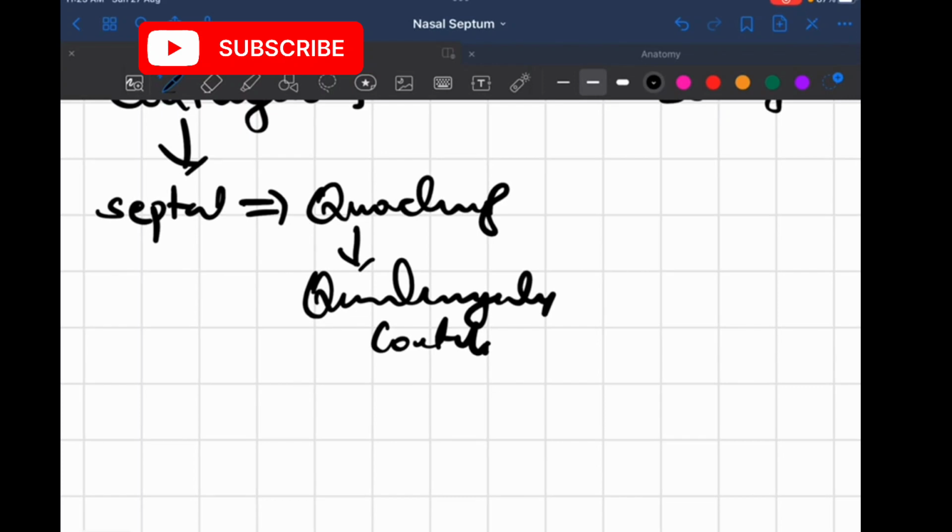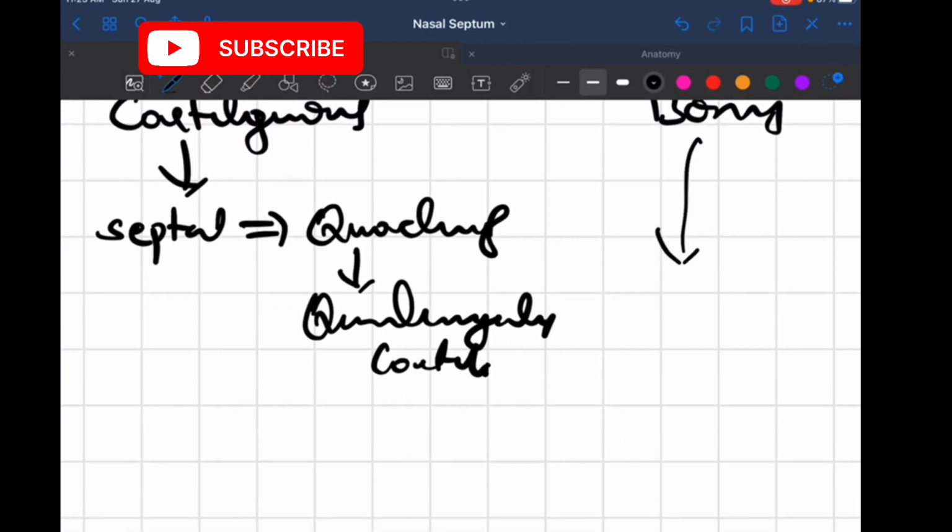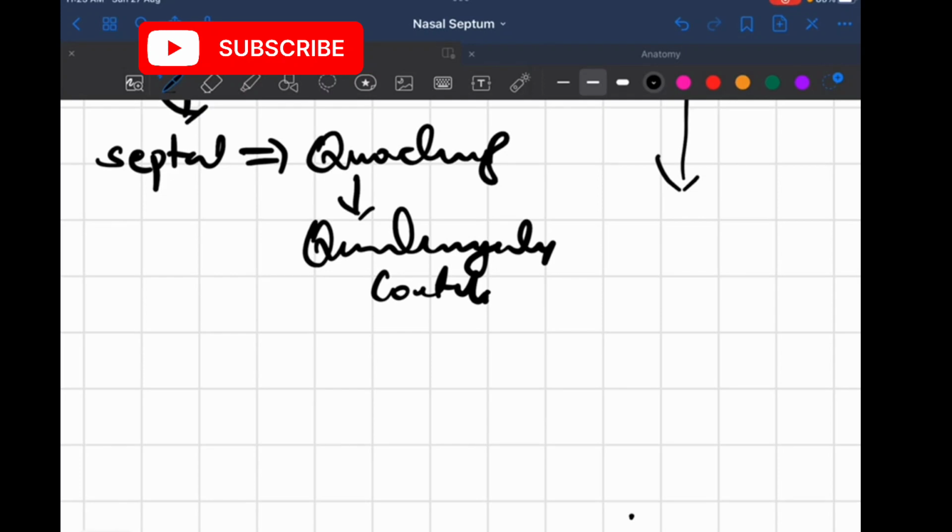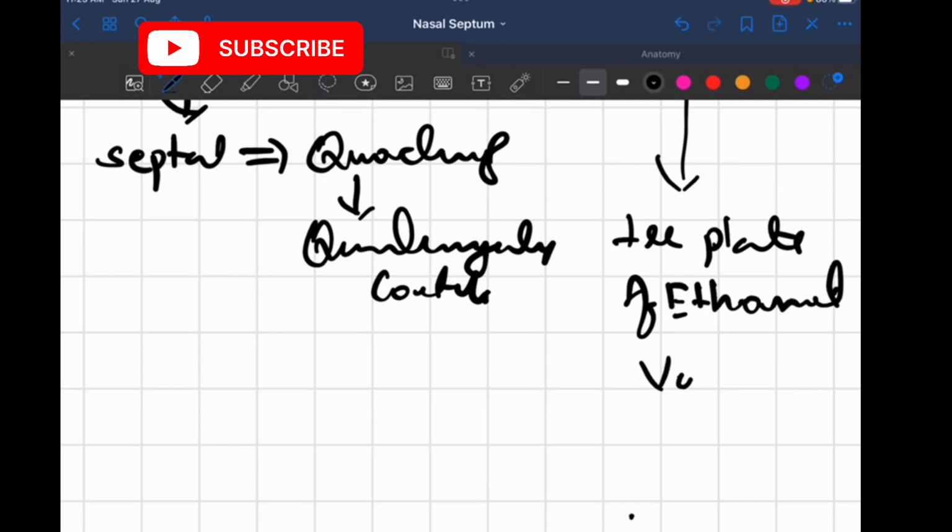It partitions the right and left nasal cavity, and also provides support to the tip and dorsum of the cartilaginous part of the nose. The bony part is composed of two main bones, the perpendicular plate of ethmoid and vomer.